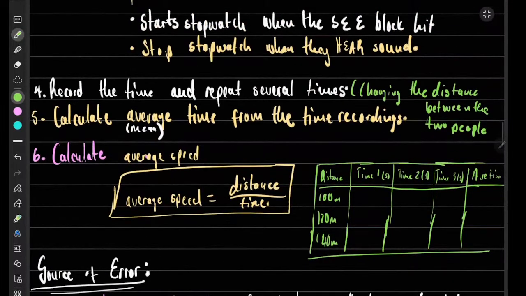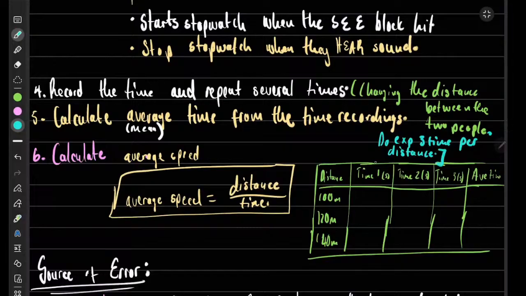Record the time and repeat several times, changing the distance. You can say, do the experiment 3 times for each distance.